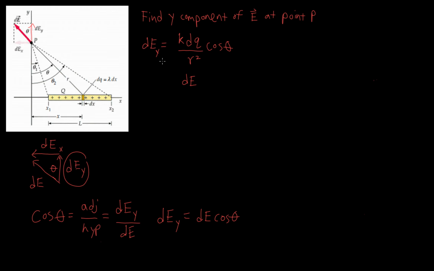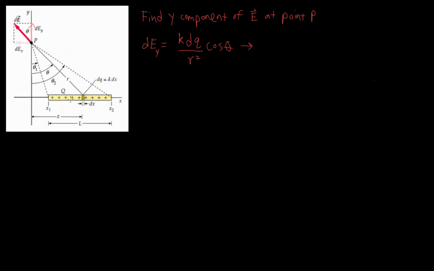So this means that the electric field in the y position is given by k dq divided by r squared times cosine of theta. And so let's say that the vertical distance from the origin all the way to point P is y, or we can denote this vertical distance with the letter y.